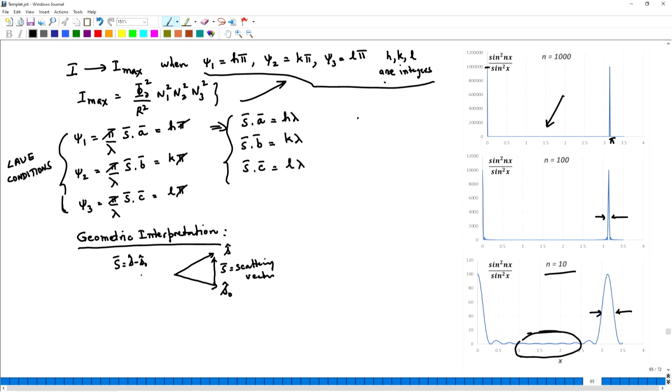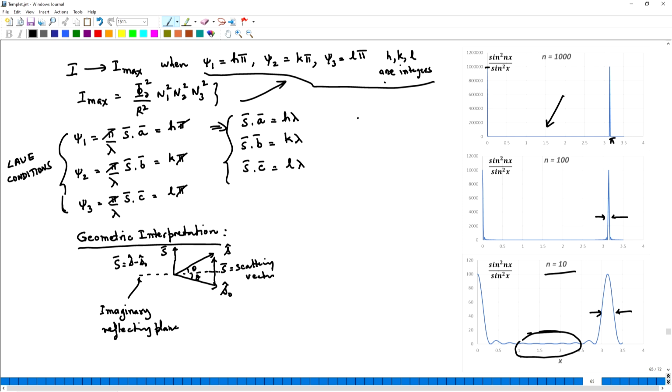Or I can simply bisect the angle between the S naught and the S unit vectors, and my scattering vector S is nothing but a vector which is perpendicular to this imaginary plane, which let me call an imaginary reflecting plane.